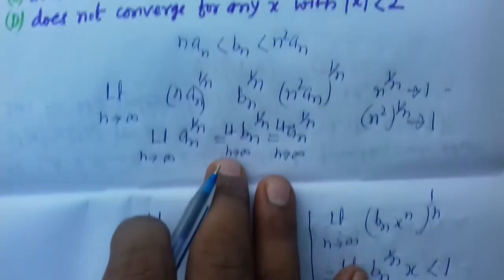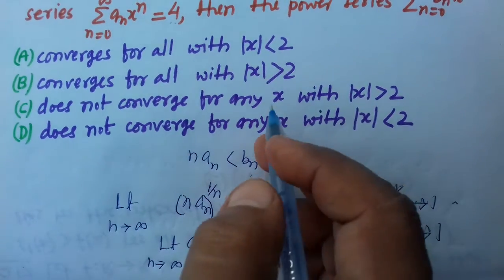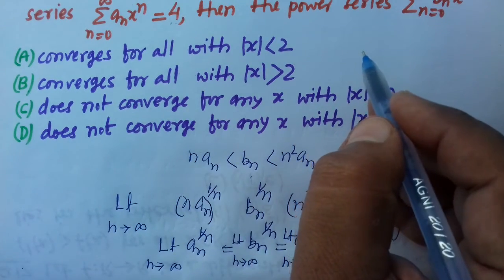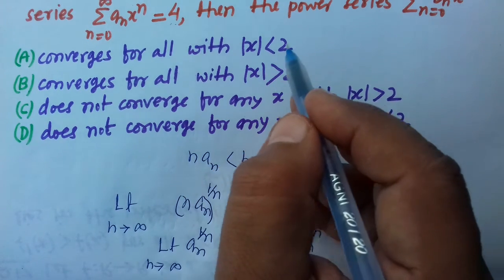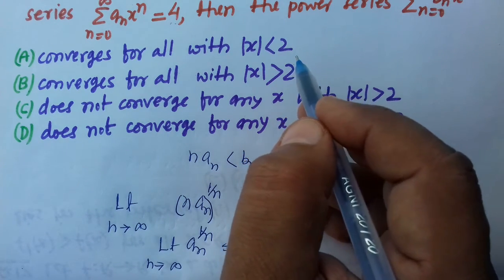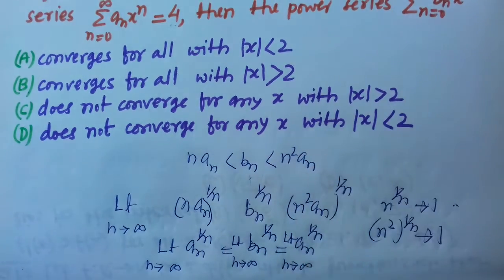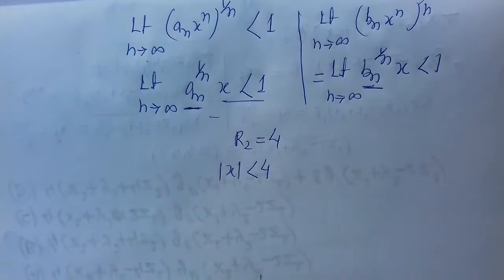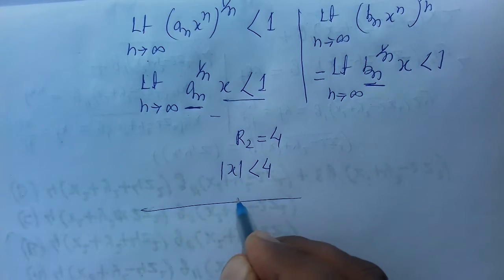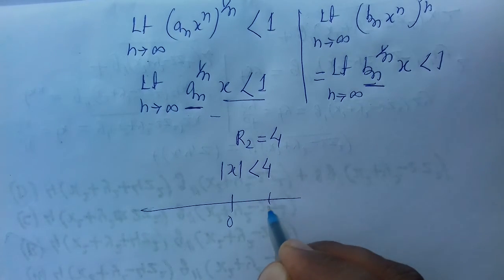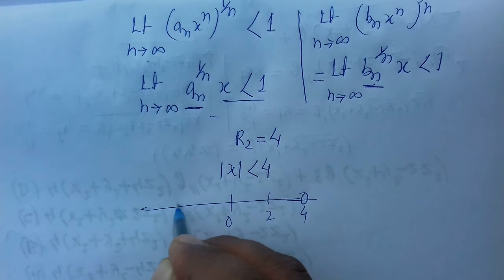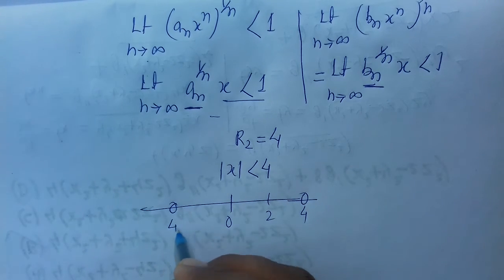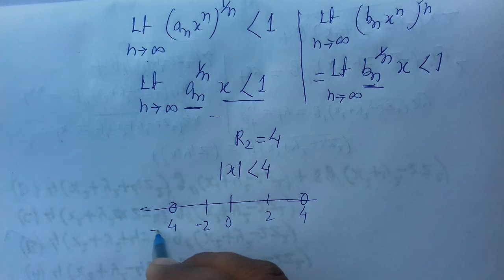And now we go for the options. We have |x| less than 4. So |x| less than 2 is a subset of |x| less than 4. Here we got |x| should be less than 4. This means that 4 is excluded, from -4 to 4.